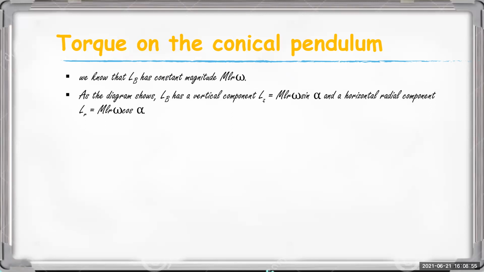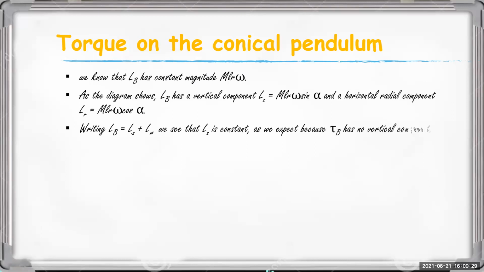And we know that the component of angular momentum in the z direction is Lz is equal to mLR omega sin alpha. And the horizontal component Lr is equal to mLR omega cos alpha. So LB is equal to the sum of these two components.